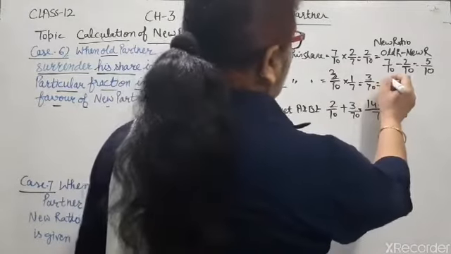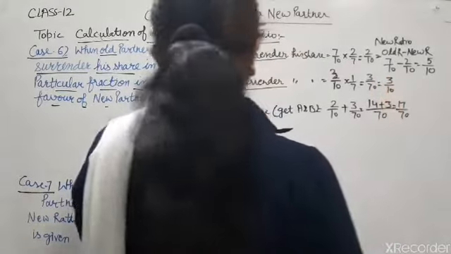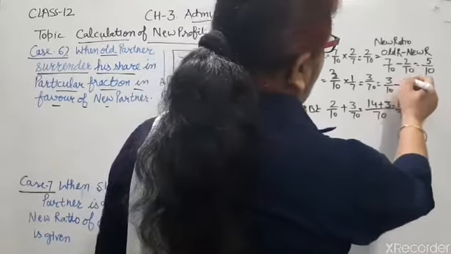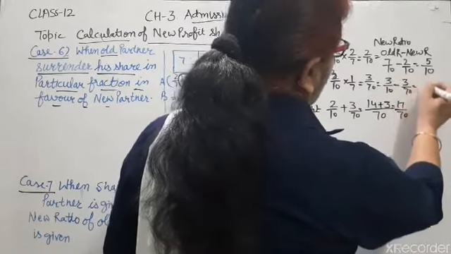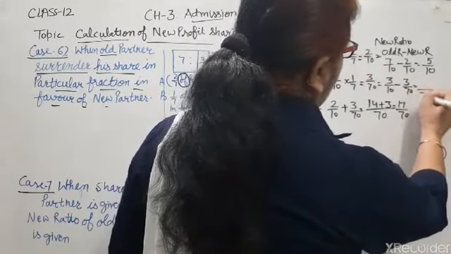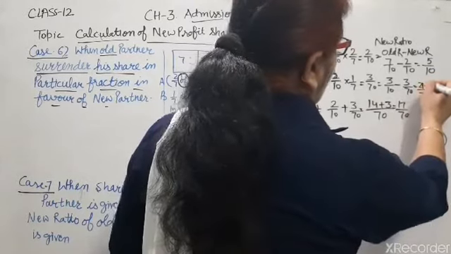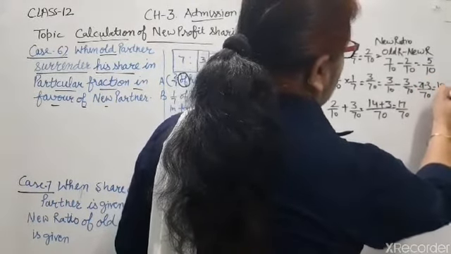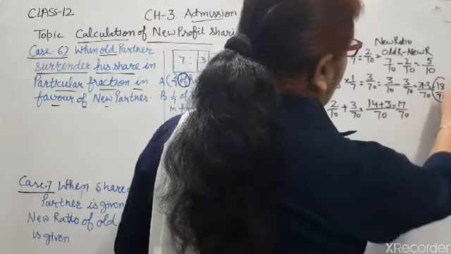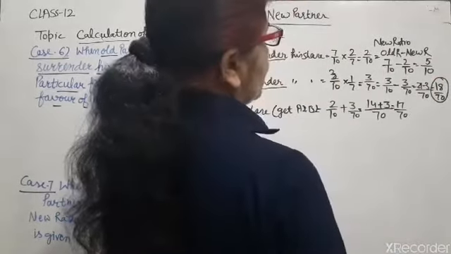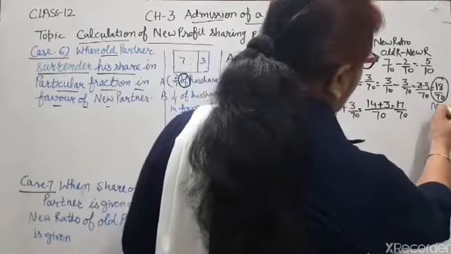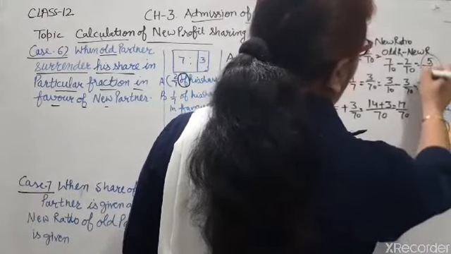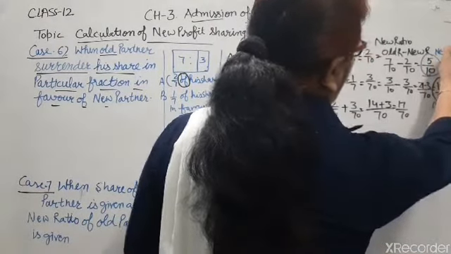B's old ratio is 3/10 and he surrenders 3/70, then the LCM becomes 70: 21 minus 3 is equal to 18/70. It is the new ratio of B, and that is the new ratio of A.